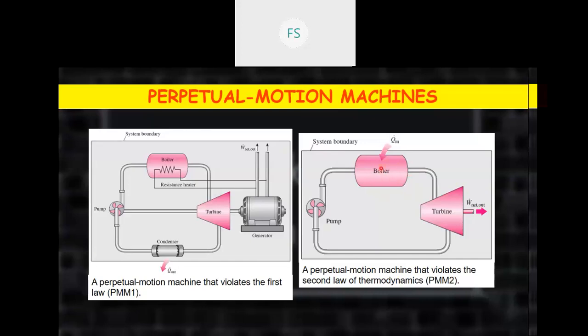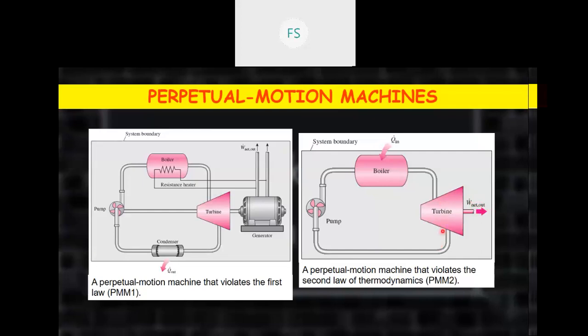The first one is the boiler, second is the pump, third is the turbine. In the boiler, it receives Q in from the surroundings, from the source, to boil the water. And the working fluid flows from the boiler to the turbine in order to make W net out.